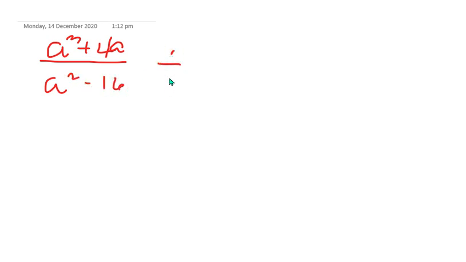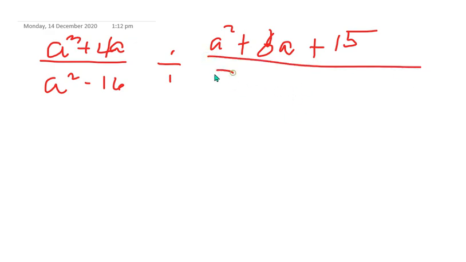If we have a cubed plus 4a over a squared minus 16, divided by a squared plus 8a plus 15, divided by a squared plus a minus 20.